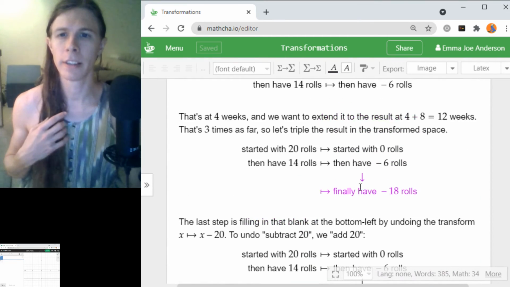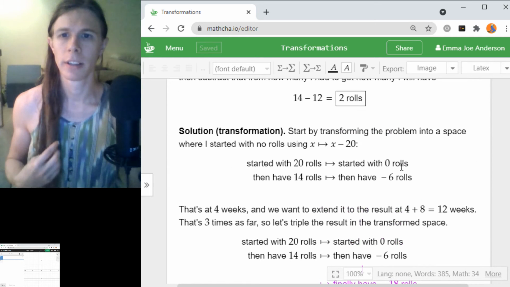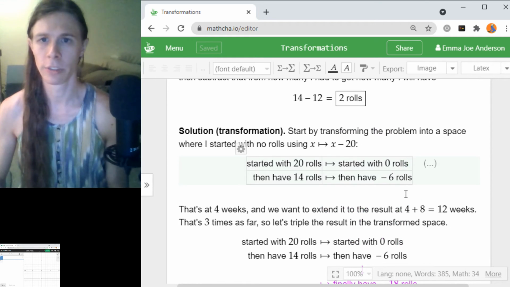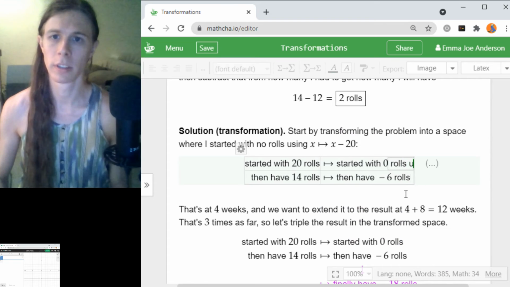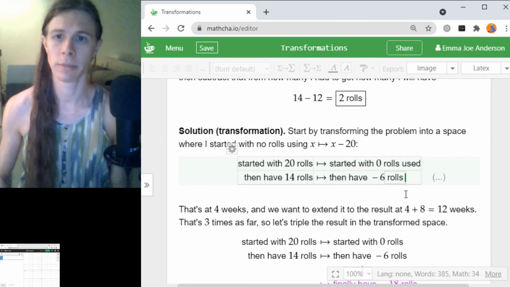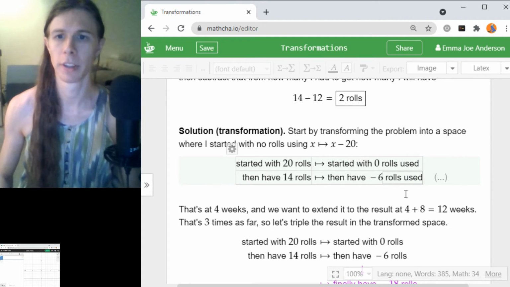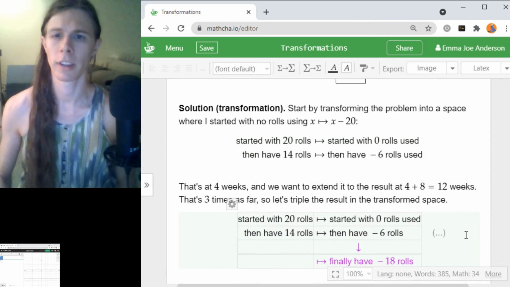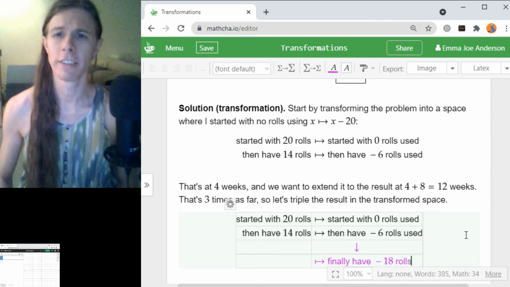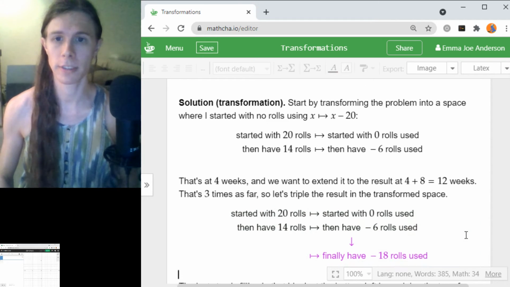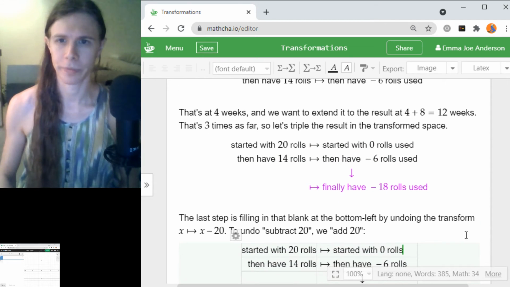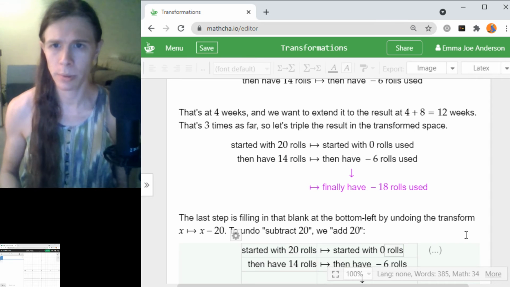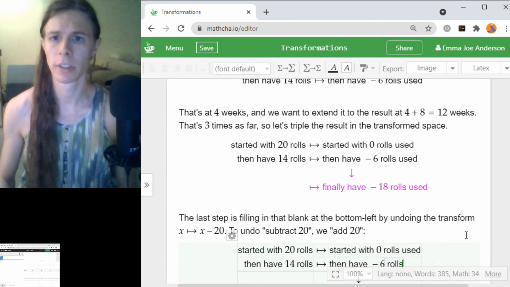Over here, started with 0 rolls used, then have -6 rolls used. Started with 0 rolls used, 6 rolls used, finally have -18 rolls used. Started with 0 rolls used.